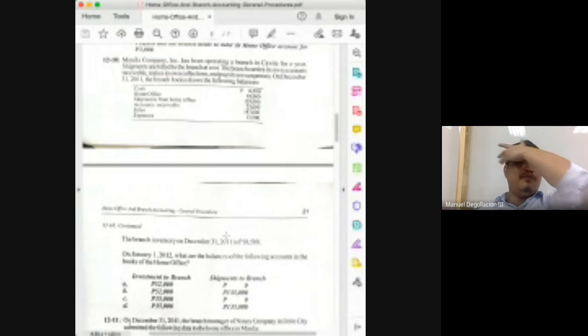Then deduct ending inventory. Are we given that amount? Yes, the problem tells us that the branch inventory on December 31, 2016 is 18,500. Okay, so 135,000 minus 18,500 will give you 116,500, and that would be our cost of goods sold.